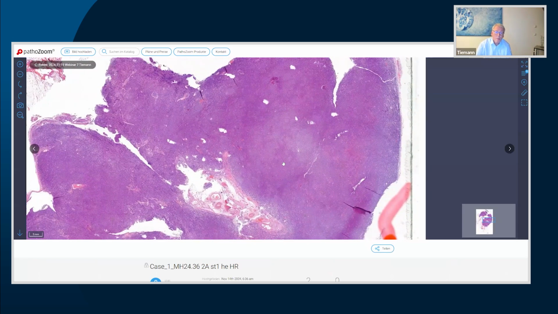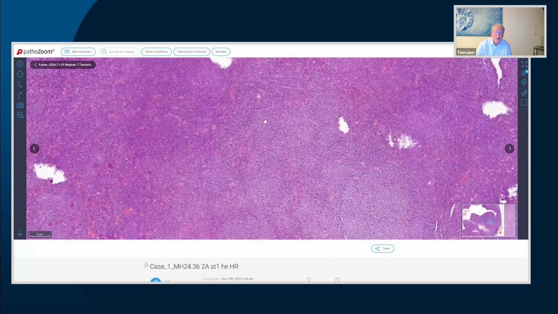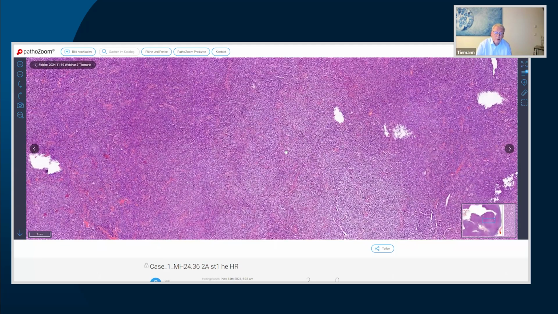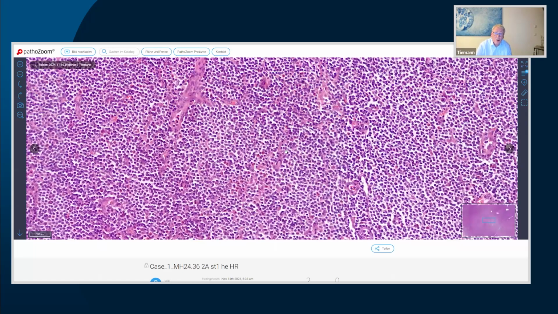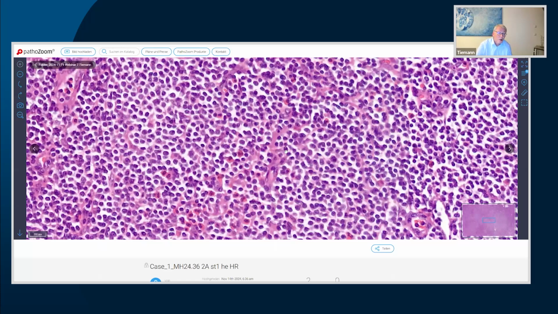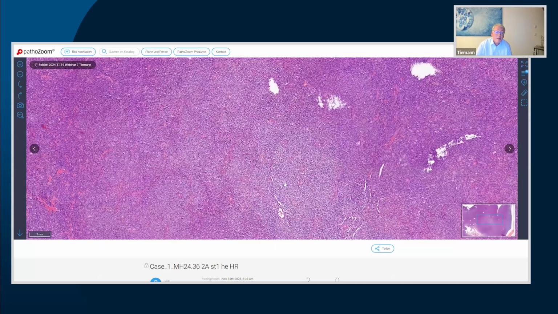Again, an overview. This could have been germinal centers, but diving into the higher magnification, you see mostly small lymphocytes and some intermingled eosinophils. No blasts.